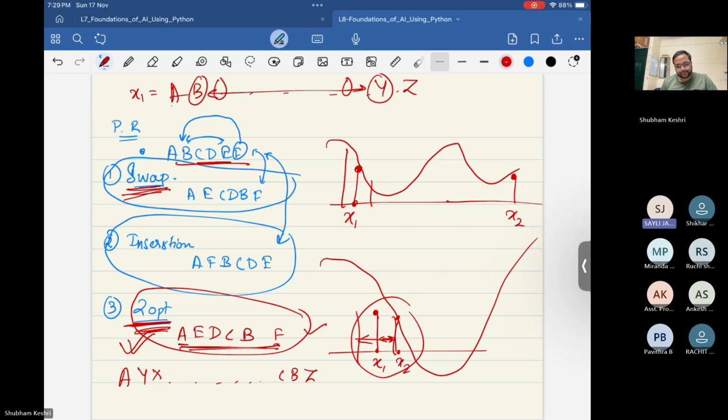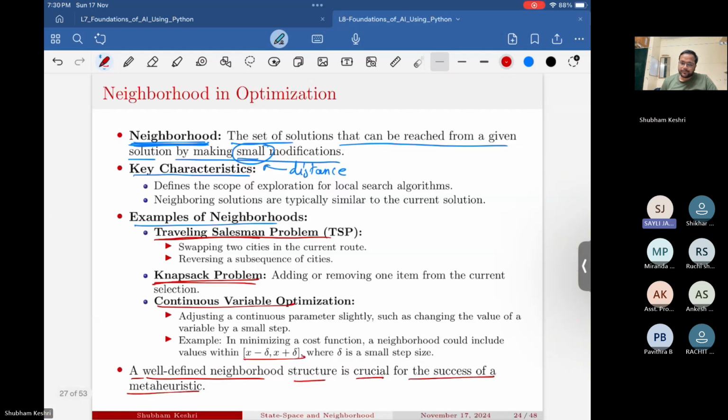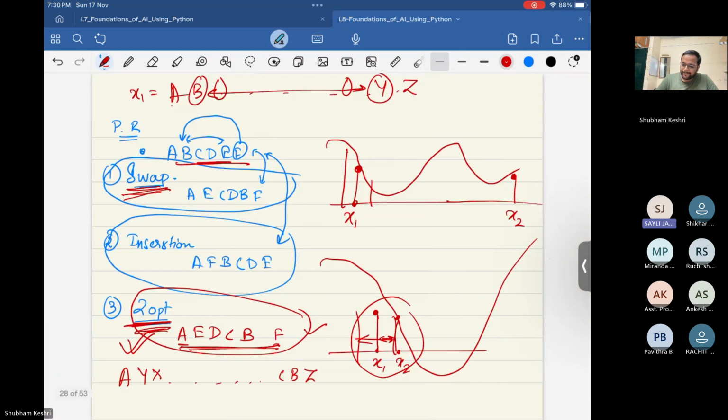If I am aware of the sample space, then why do I need to find out a local minima or a local maxima? Directly, shall I not go for global minima or maxima? Sample space, search space, right? In that sinusoidal waveform, on the slides.